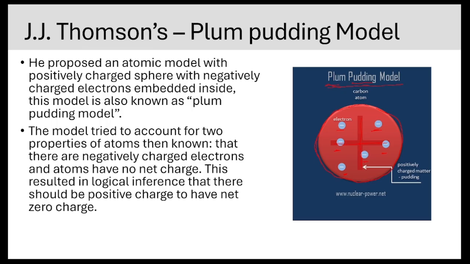So this model from J.J. Thomson covered those two pieces of information known at the time: the presence of negatively charged electrons within an atom, and the fact that the atom itself is neutral, meaning there's no net charge.